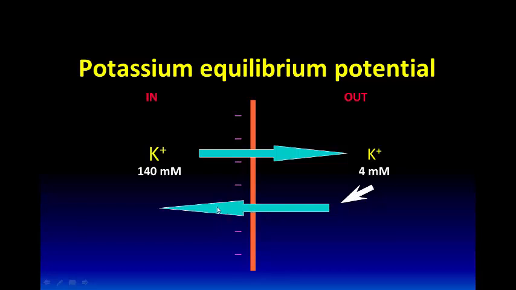So a time would be reached at which the efflux, the movement of potassium ions out of the cell down their concentration gradient, would be equivalent to the movement of potassium ions into the cell down their electrical gradient.